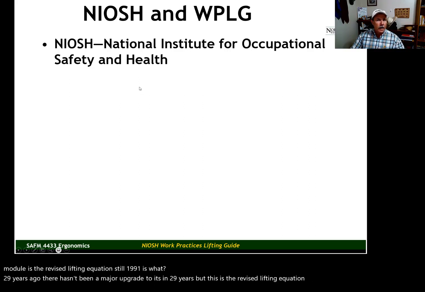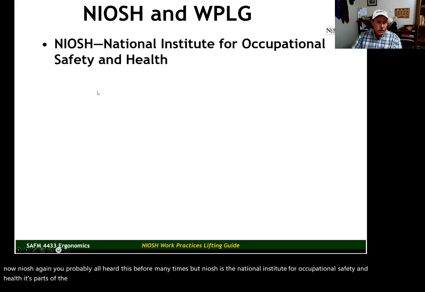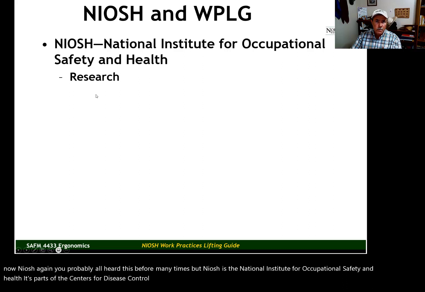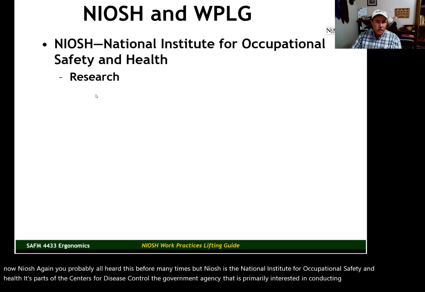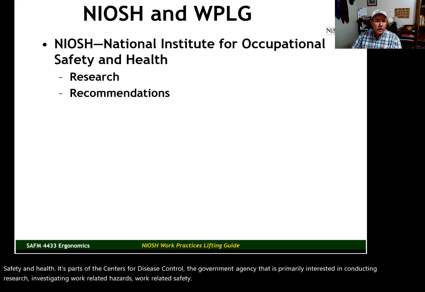Now, NIOSH, you've probably all heard this many times, is the National Institute for Occupational Safety and Health. It's part of the Centers for Disease Control. It's a government agency that is primarily interested in conducting research, investigating work-related hazards, work-related safety, and health issues as well.